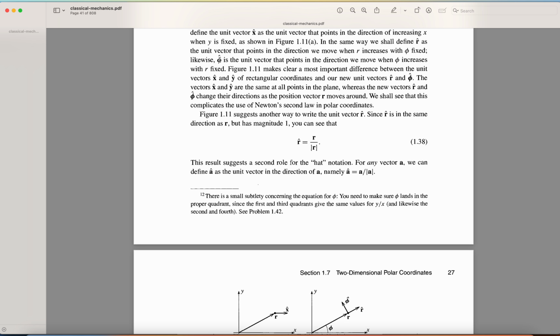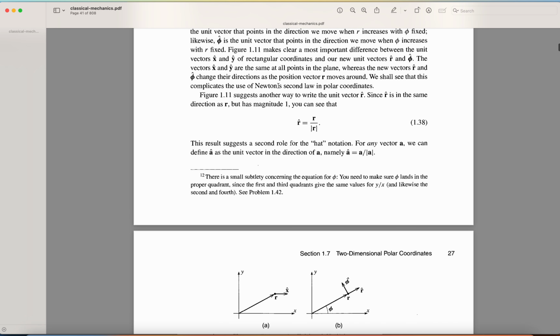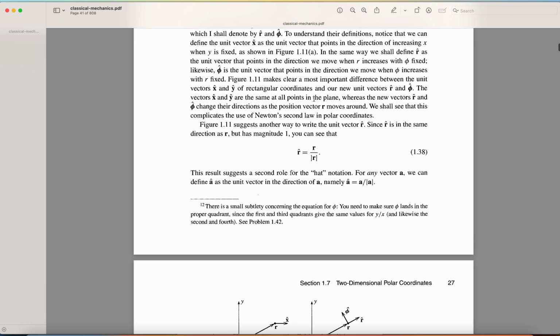Oh, yeah, this phi hat is interesting. I didn't know this. It's the direction tangential to your circle, or whatever direction you were moving in, I guess. Or not necessarily, something like that.